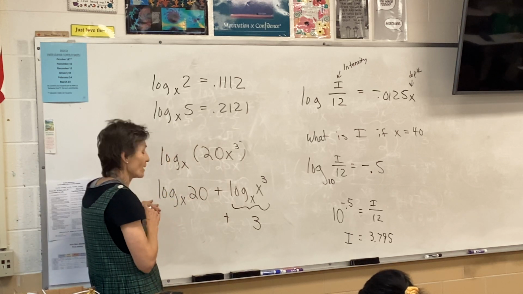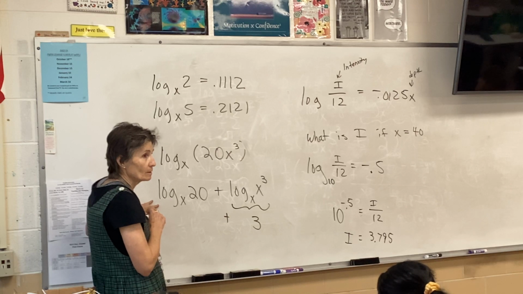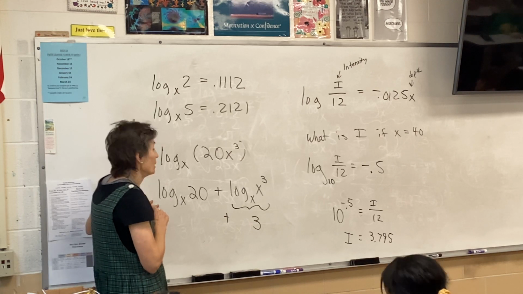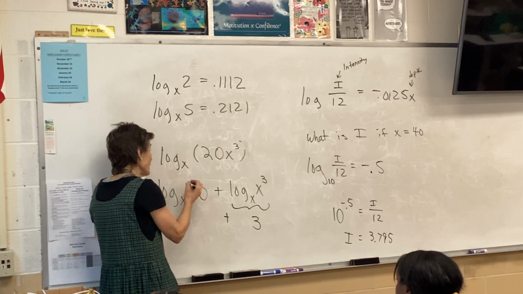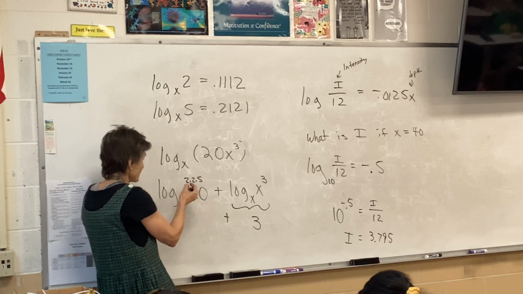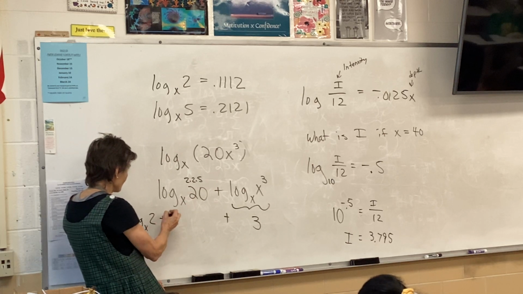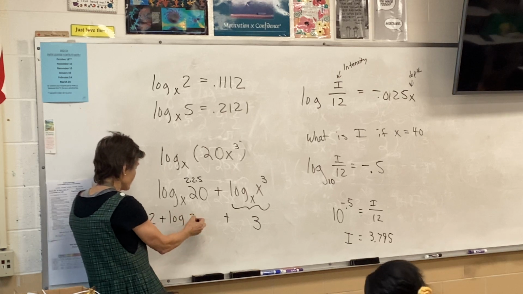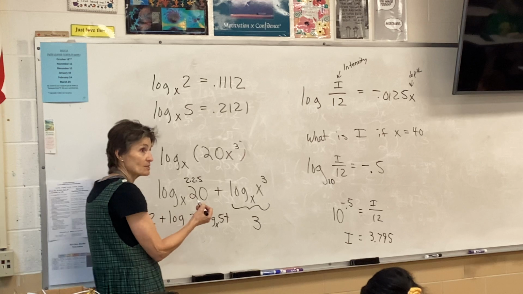And now I gotta mess around with 20. You can get a 5 and 2 twos. So factor this down. 20 is 2 times 2 times 5. Since those are times, I'll have the log of 2 plus the log of 2 plus the log of 5. Does that make sense to you?